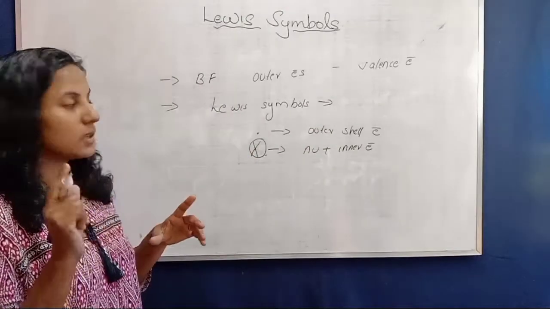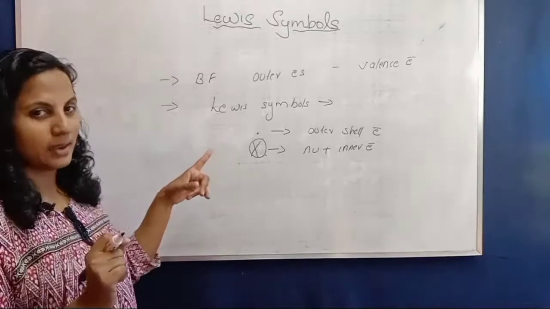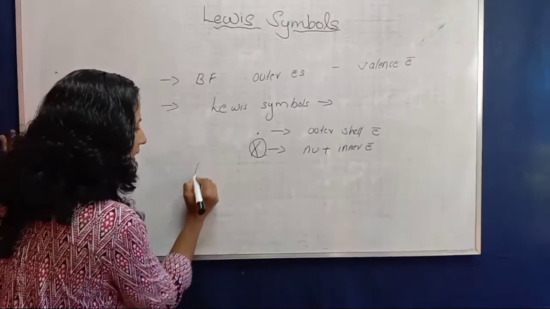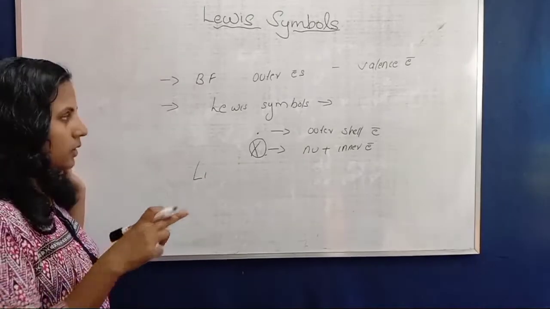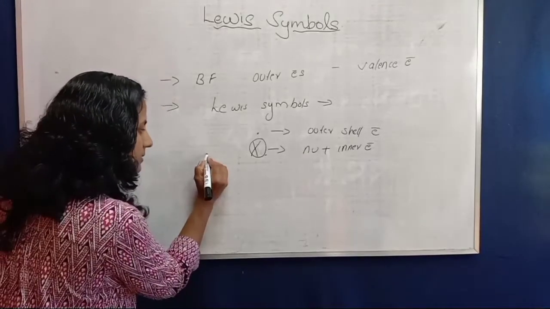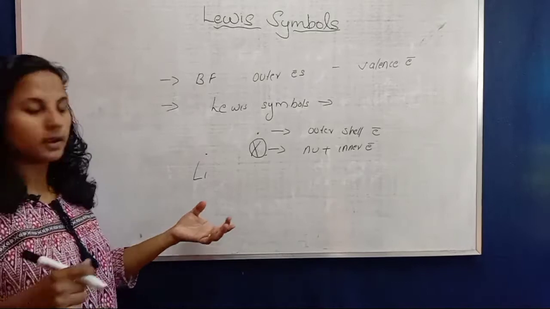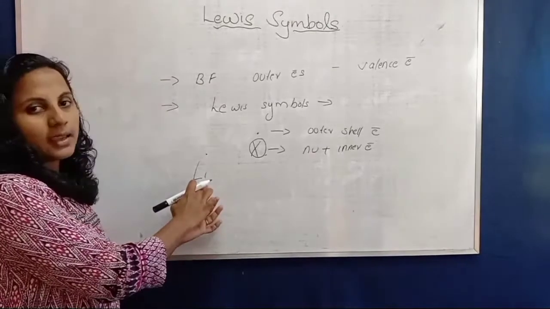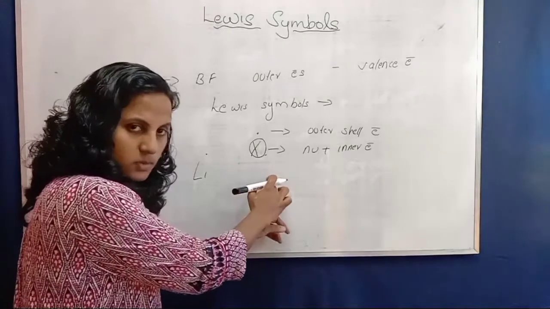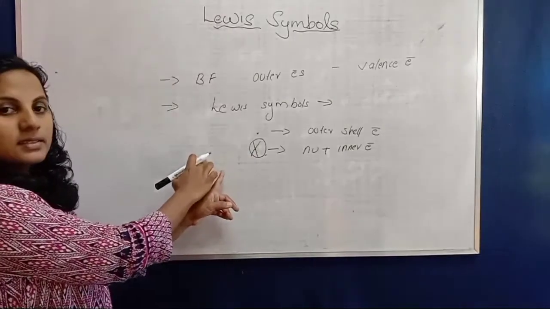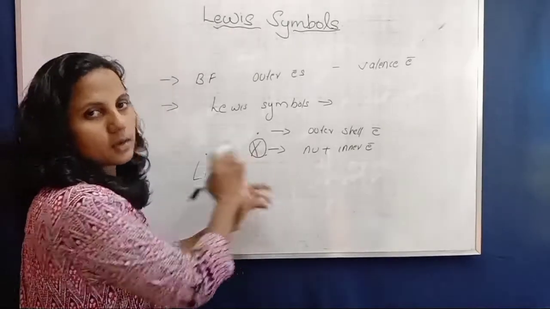We can write the Lewis symbol of simple atoms. First we can take lithium. The Lewis symbol for lithium is written like this. What does this indicate? Li indicates the nucleus plus all the inner electrons, and the dot indicates the outer or valence electron.